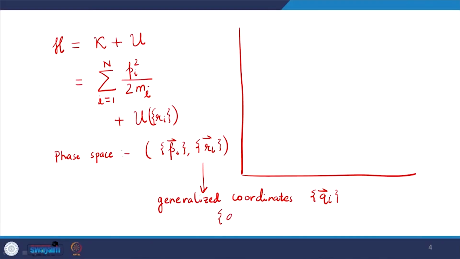The reason we can do that is that different coordinate systems are related by coordinate transformation. So, yes, the r_i values and the q_i values, if I compare Cartesian and cylindrical coordinates, would be different, but they are still related by some kind of coordinate transformation. So, I can always write the coordinates in any coordinate system as a function of the coordinates in the Cartesian system by some sort of coordinate transformation.